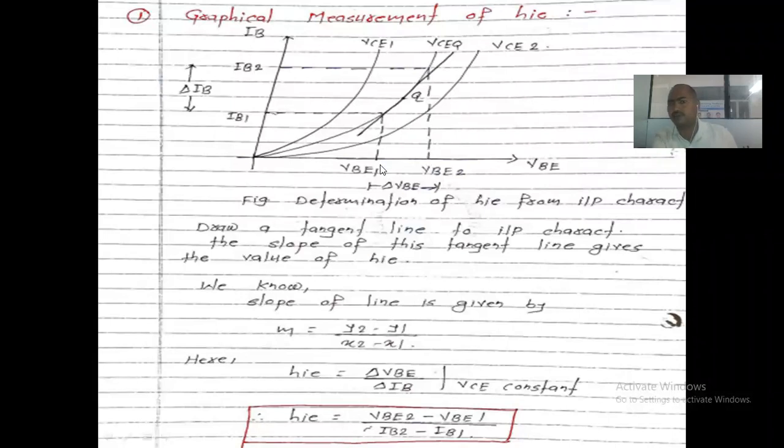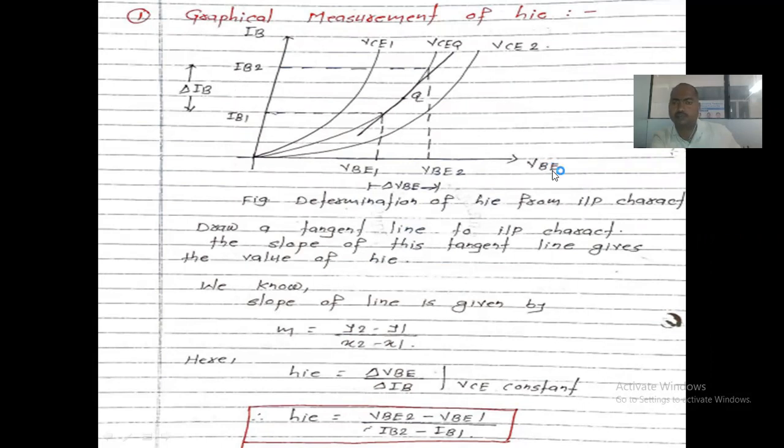We know one important thing with respect to the calculation of HI: HI is nothing but the input impedance. Input impedance is nothing but V by I. So whatever value of HI comes is nothing but VB to the IB, right?